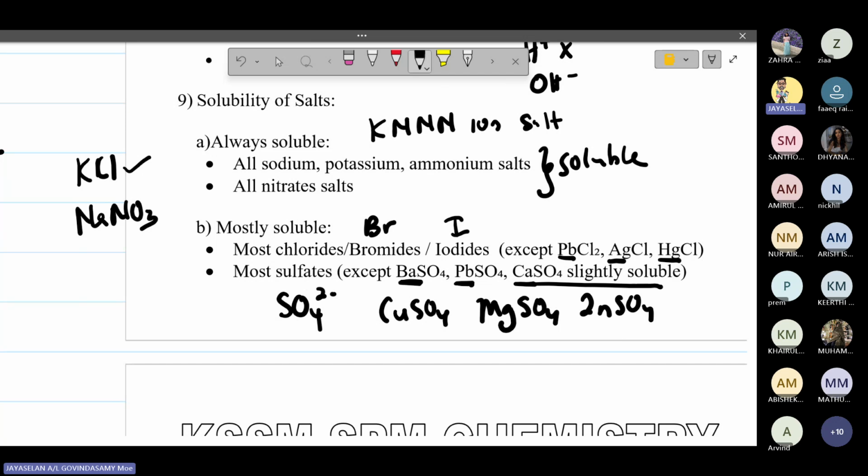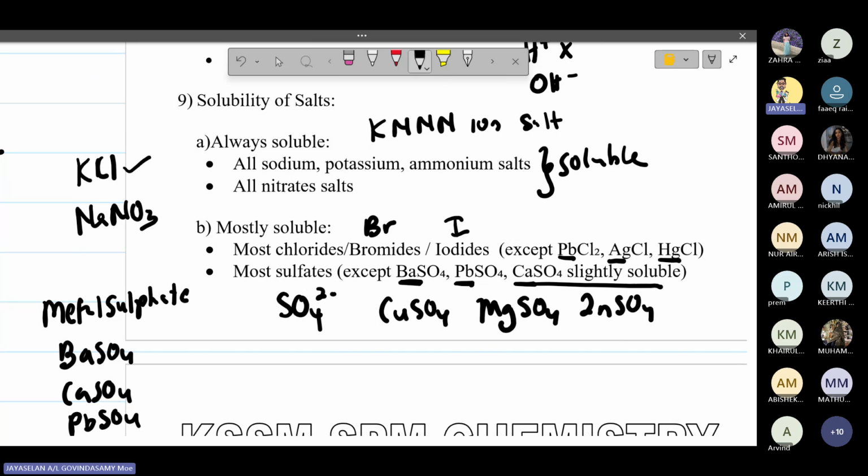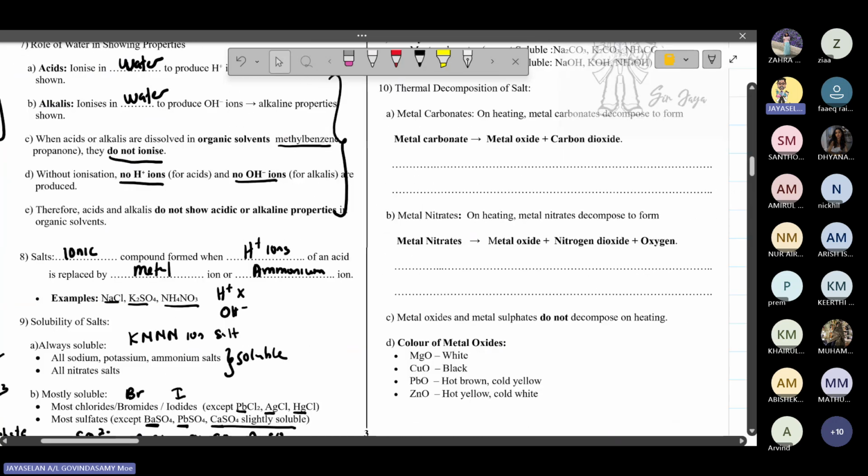If asked for metal sulfate, which one insoluble? Barium sulfate, calcium sulfate, lead 2 sulfate, insoluble. That's all, three. Okay, metal chloride three, metal sulfate three. So make sure you remember.